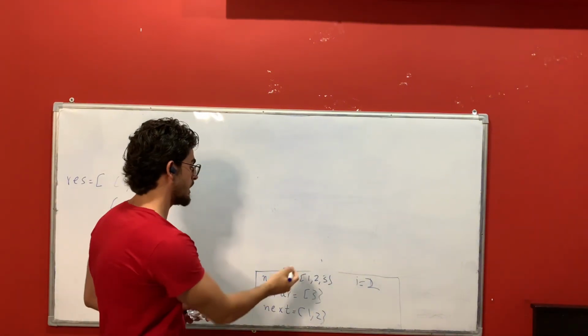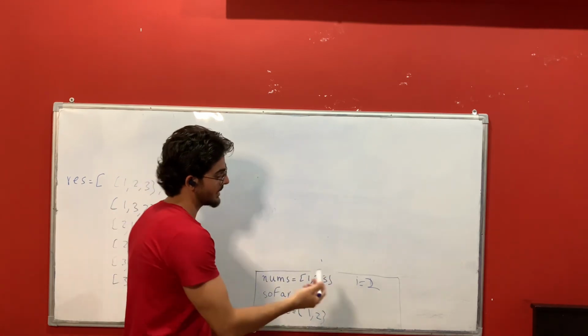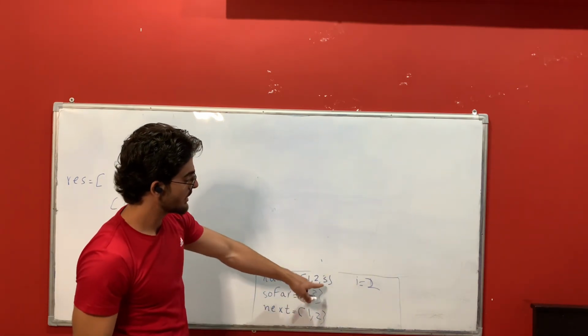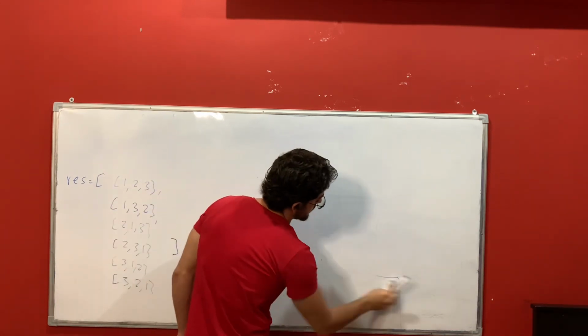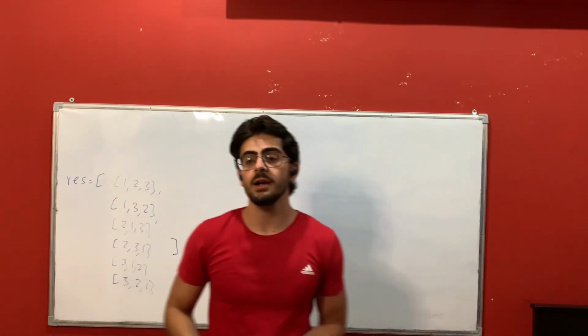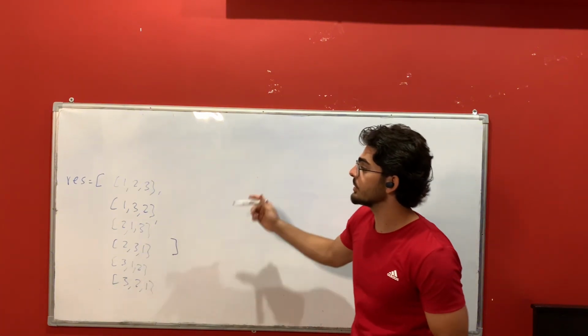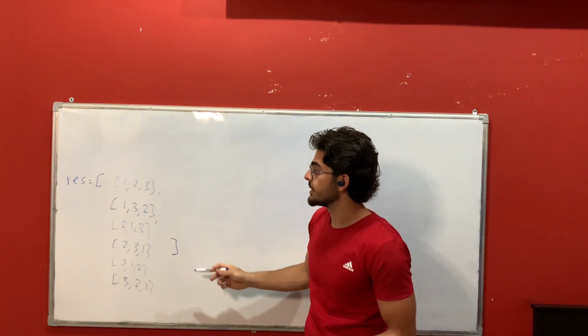Now here the i becomes 2, so the next i will be 3, but it's 0, 1, 2 here, so the program will terminate. As you can see, using backtracking we have managed to generate all the permutations of 1 to 3 which are here.